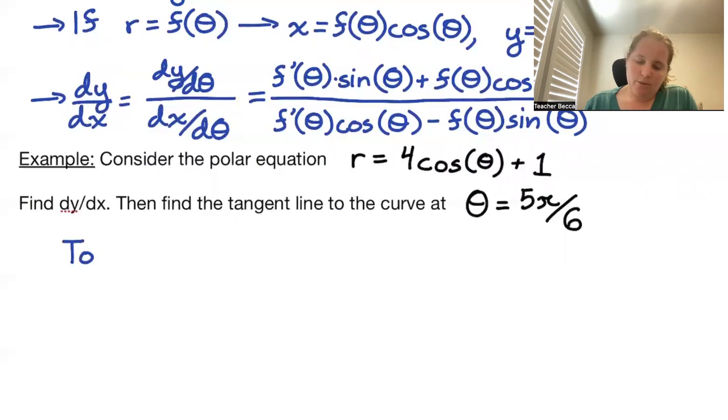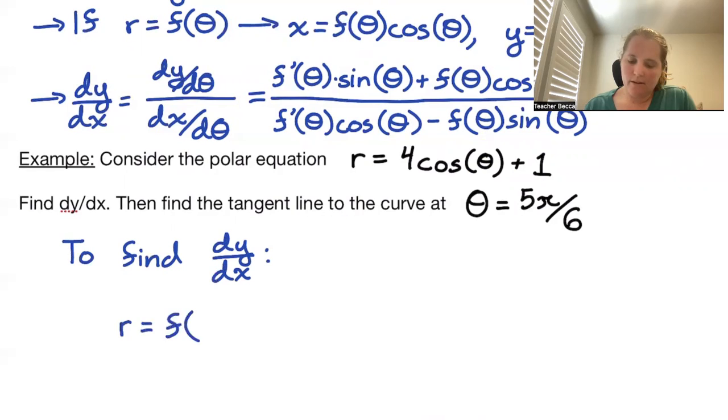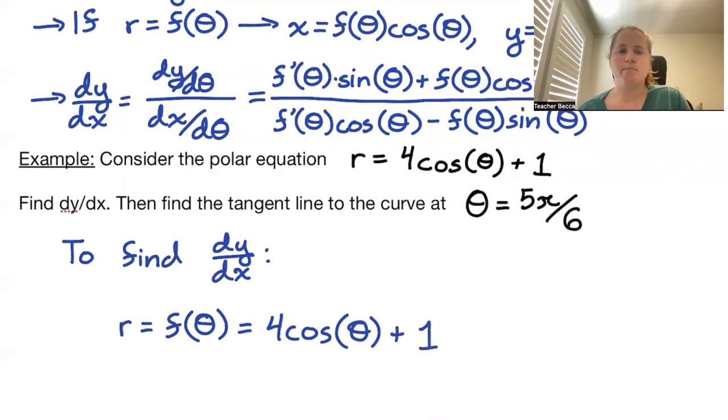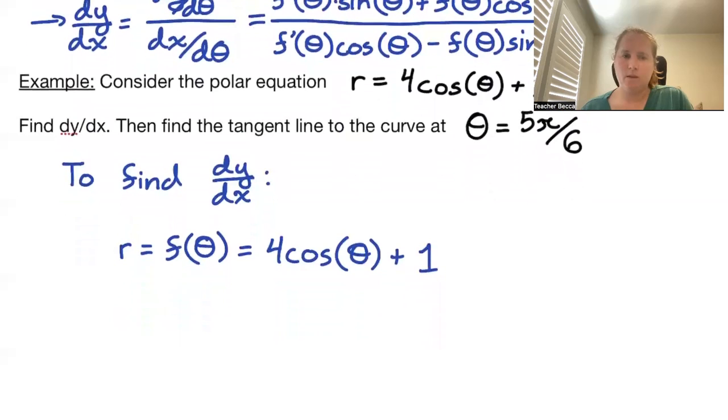So to find dy dx, we have r equals f of theta, which is 4 cosine of theta plus 1. Then we have f prime of theta is -4 sine of theta.